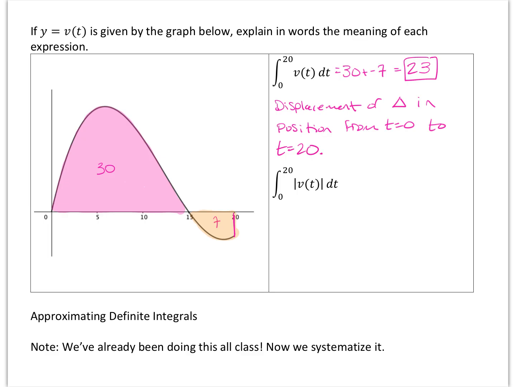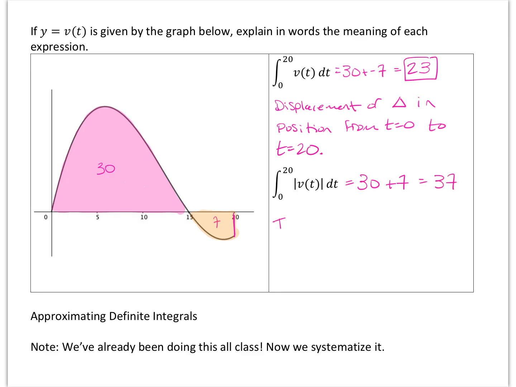And then the integral from 0 to 20 of the absolute value of v of t dt, that's where we're going to make both of these areas positive, right? Because if we don't care what direction we're traveling, then we're going to consider all movement in the positive direction. So this is going to be 30 plus 7, which is 37.